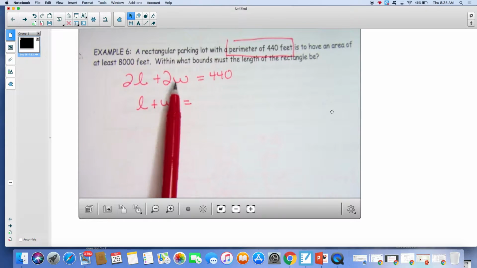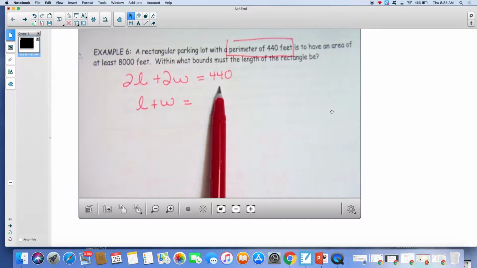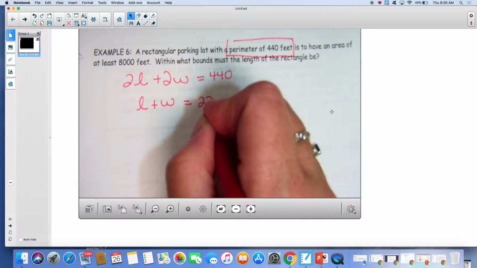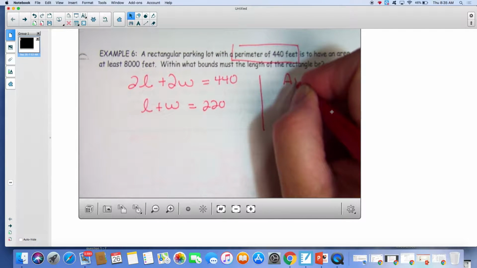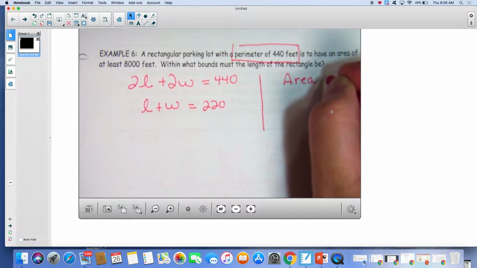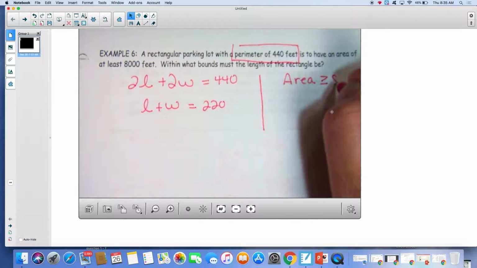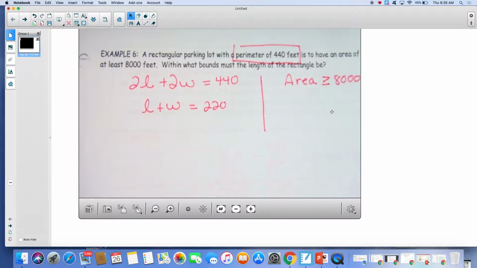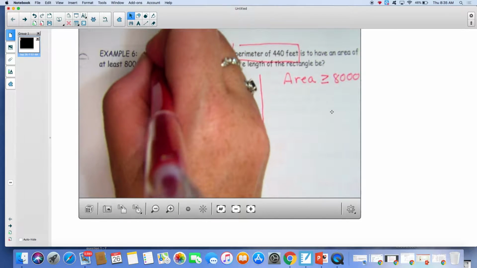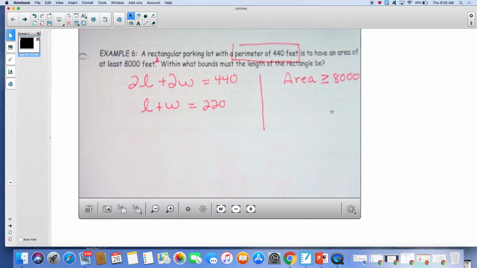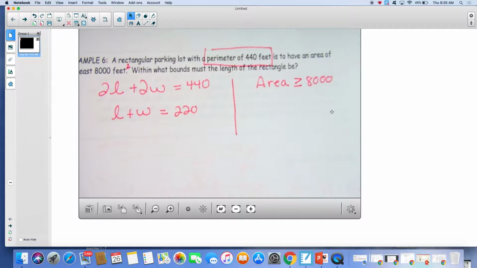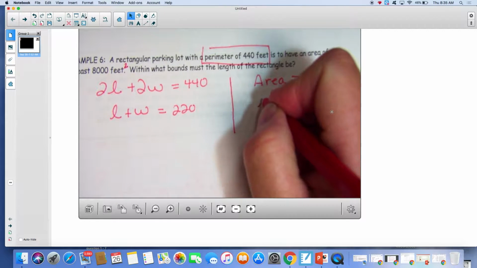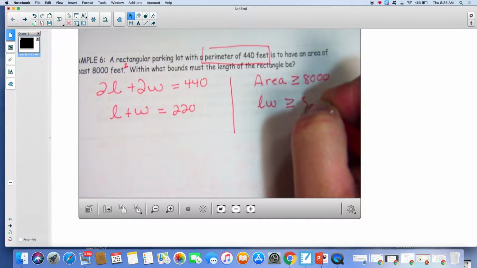If 2 times the length plus 2 times the width equals 440, they're going to equal 220. All right, that's one formula. We also know that the area has to be at least 8,000 feet squared. How do you find the area of a rectangle? So we know that the length times the width has to be greater than or equal to 8,000.